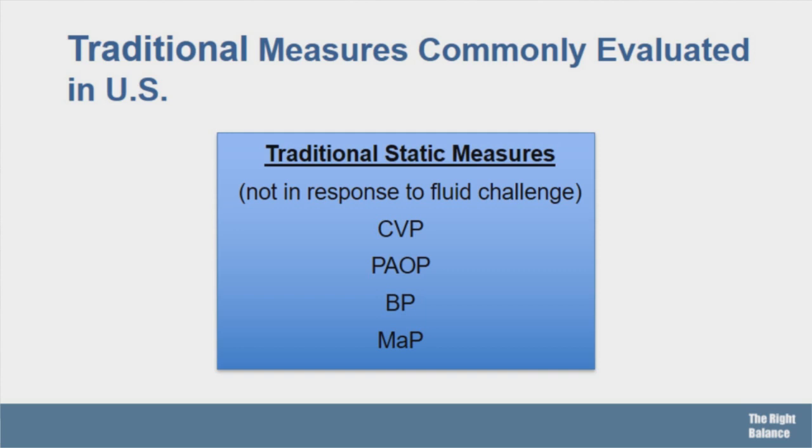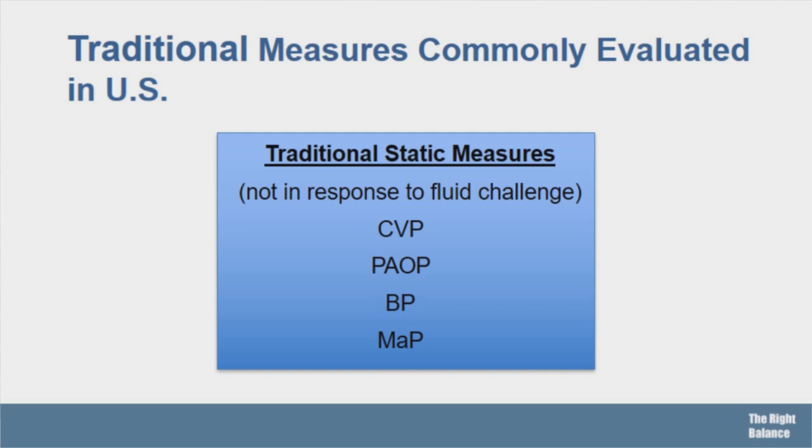Static means I'm not evaluating them in response to a mechanism that will create some change and tell me how your system responds. Let me explain that really quickly, and we're going to look at it more in depth as we go forward. A static measure means that it's the static environment that exists inside the human body.